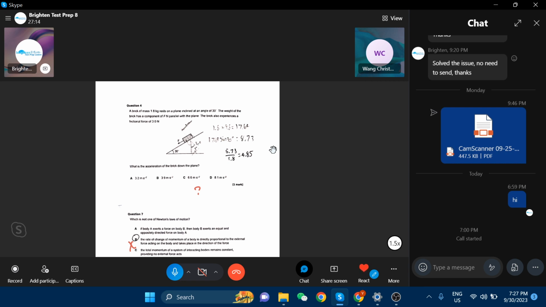And then you take it into the direction of the surface. So you have to take the sine, which is correct as well. The only point is, just maybe recall, what is the sine of 30? The force down the slope.